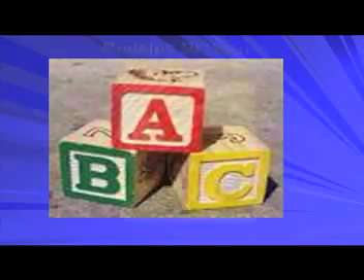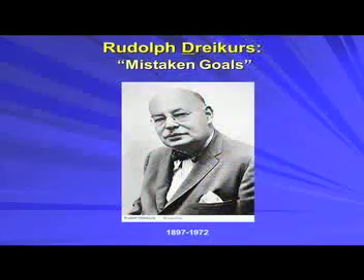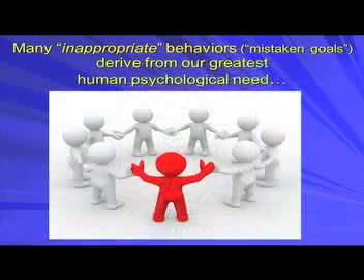So let's move from ABC to D. Dreikurs. Rudolf Dreikurs investigated the difficulties experienced in forming close relationships, interpersonal bonds, and identified the resultant mistaken goals, errant behaviors that occur when we don't feel like we belong to a group.